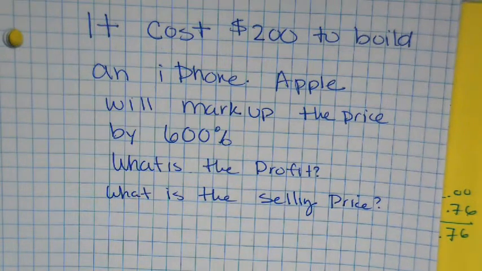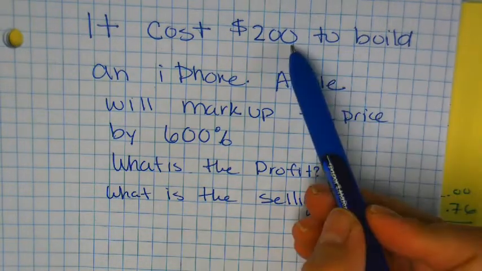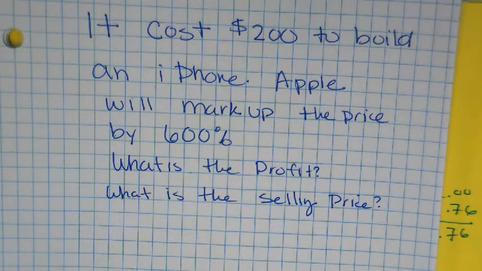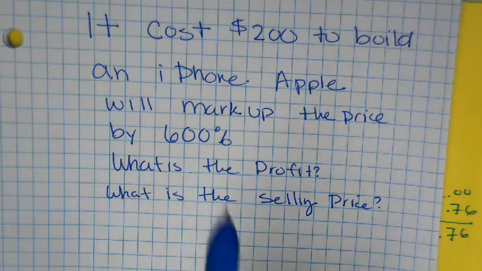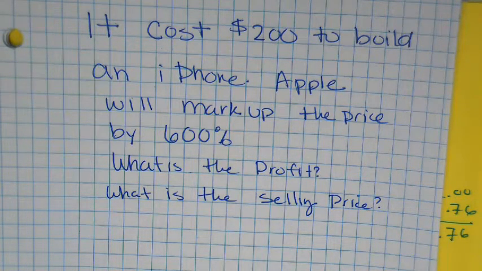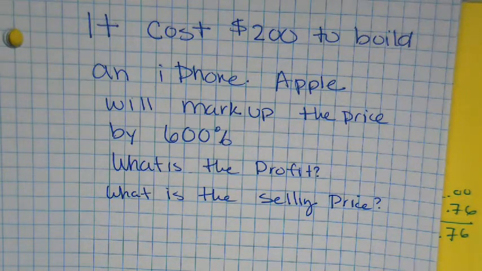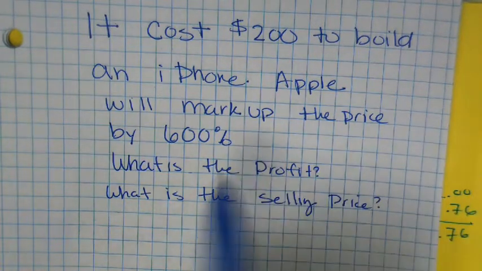I'm Apple. I'm not going to sell the phone for $200. It cost me $200 to make. Pay the software engineers, pay for the material, pay for the shipment, the rent, my employees, everything. $200. So to Diego, you're my customer. You come to the Apple store. You're like, I want the latest phone, the max, the biggest memory space, the whole everything. Okay, cool. I'm going to mark it up by 600%.